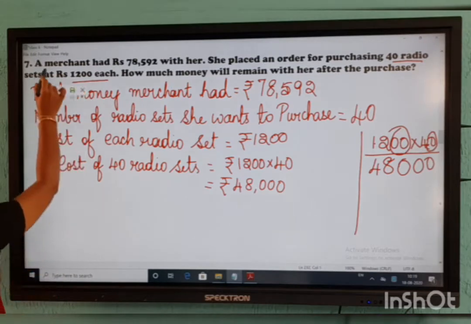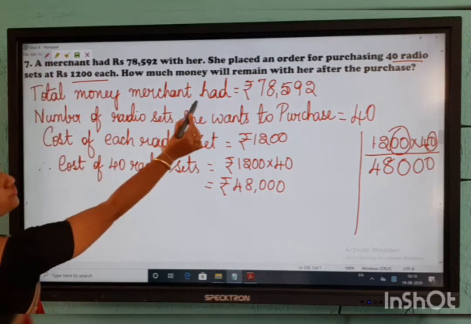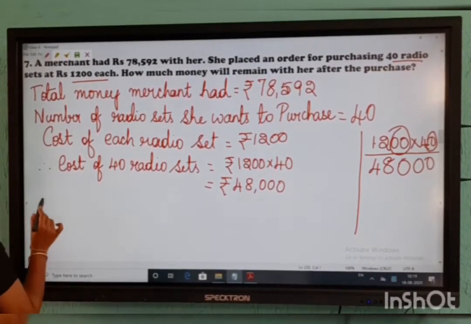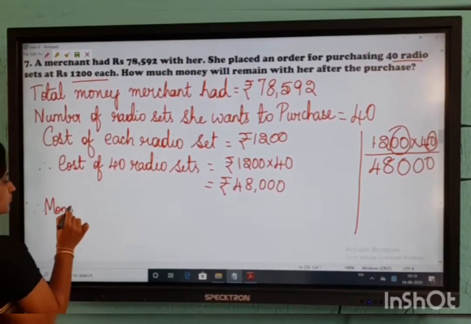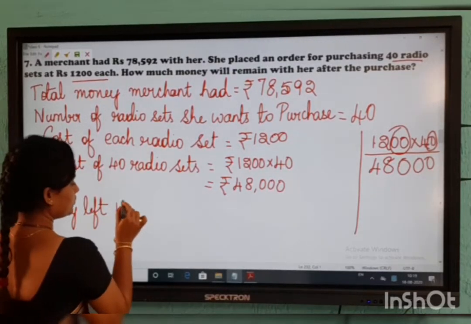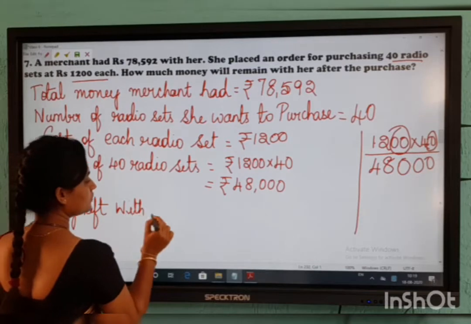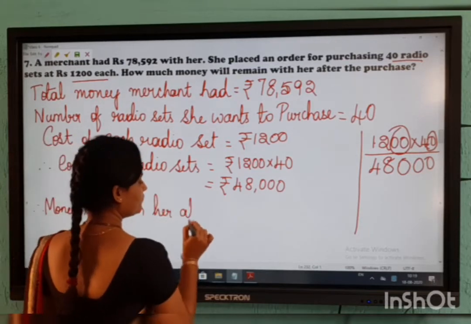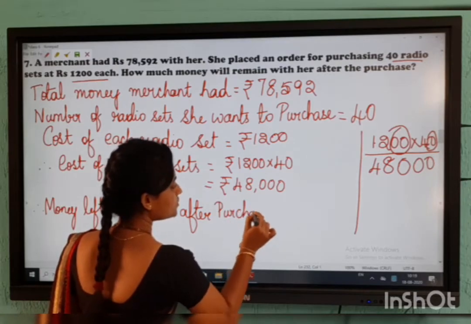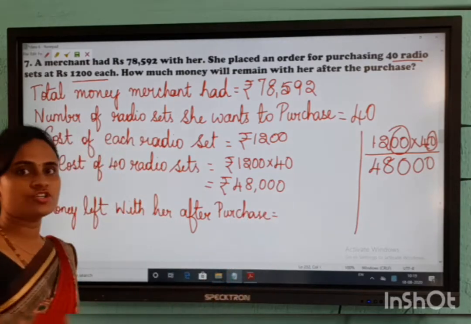Now see here. Next, how much money will remain with her after the purchase? So you should see what is the money left with her. So therefore, money left with her after purchase equals what you should do, children?